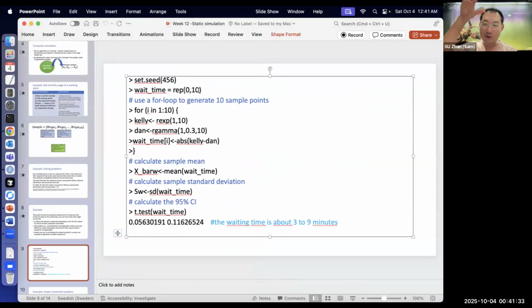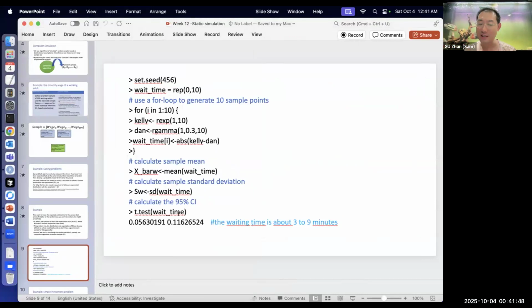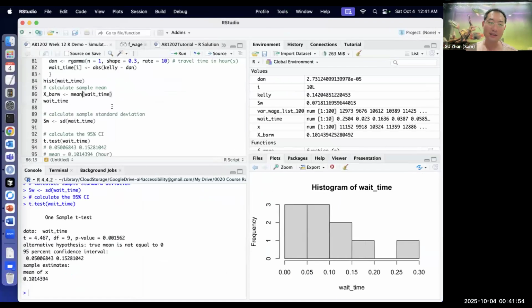So initially, if we follow the decision tree that I mentioned, you will end up in a bucket where you need more data. But if you are forced to calculate the confidence interval, then I suggest you use a t-test. So this is a scenario here. The sample size is quite small, only 10, but you can still use a t-test.